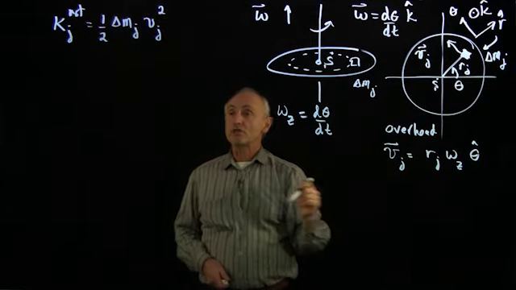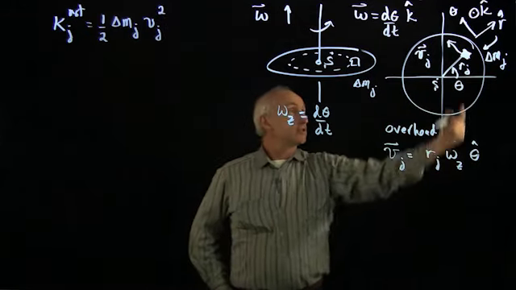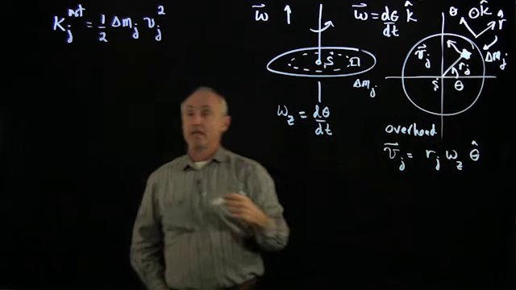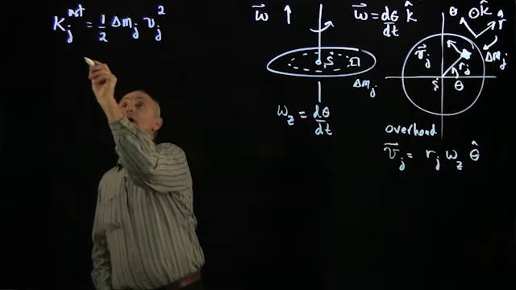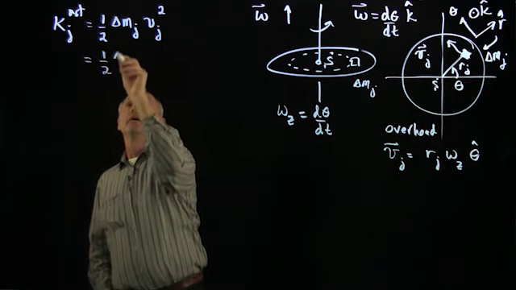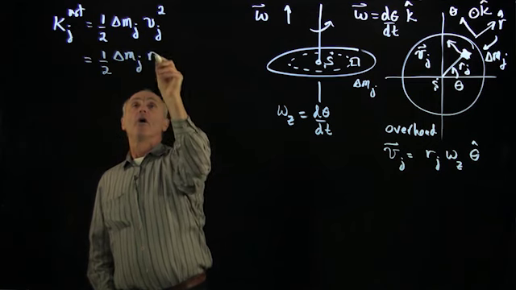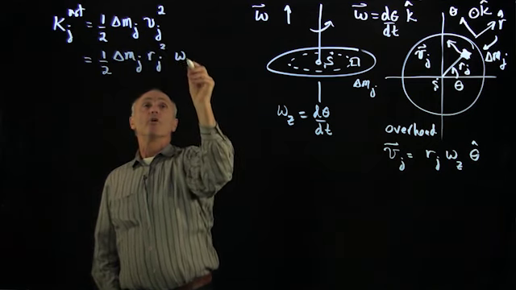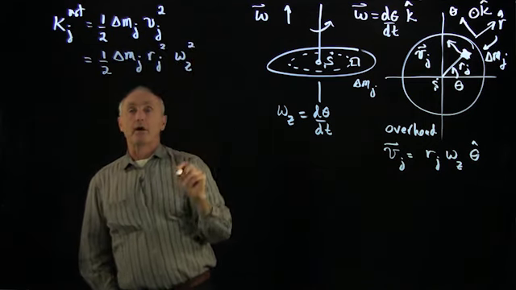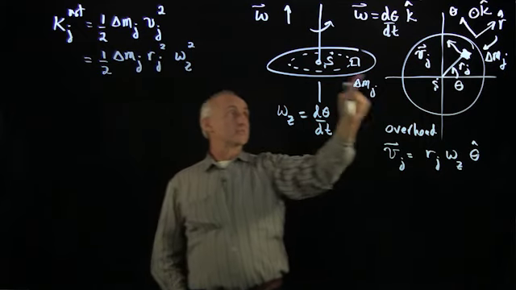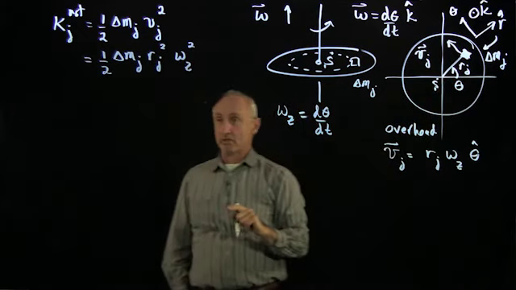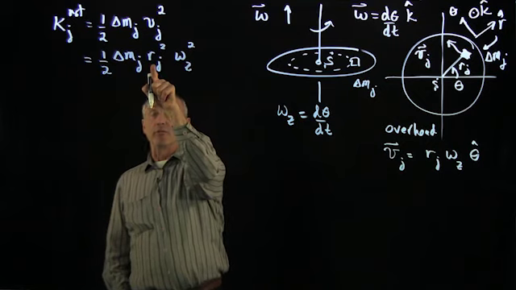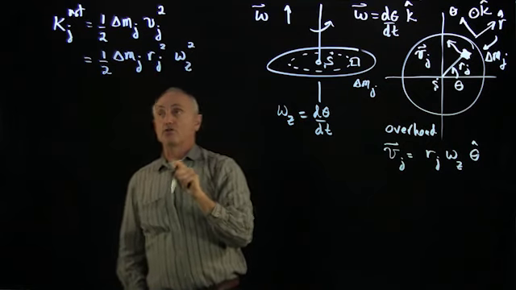Now we can use our relationship for the tangential velocity related to the angular velocity, and we have 1/2 delta mj rj squared times omega z squared. Now keep in mind that omega z is the same for every single mass element, but the distances of the mass elements are all different, given by rj.